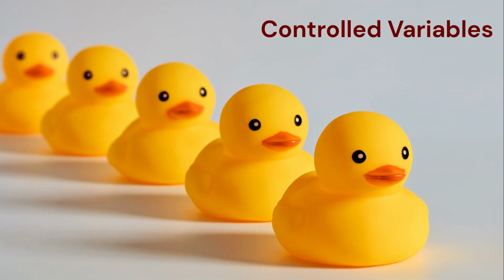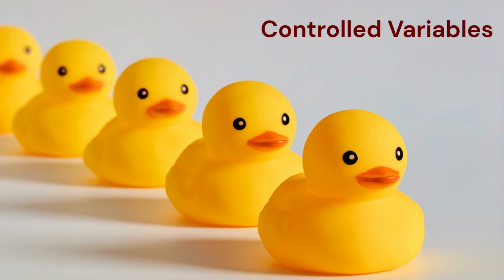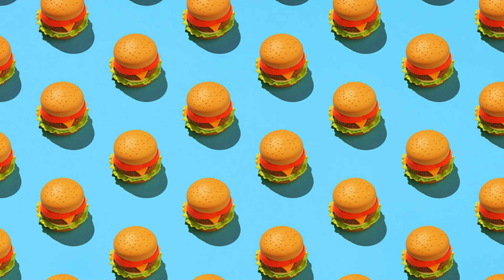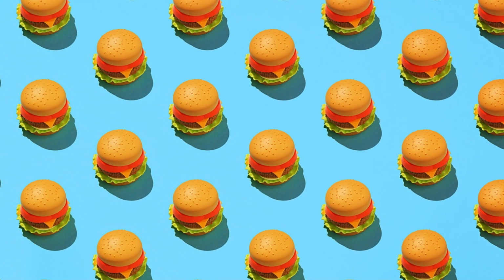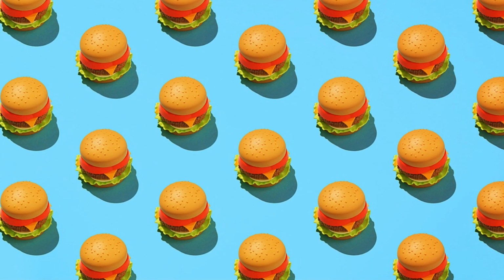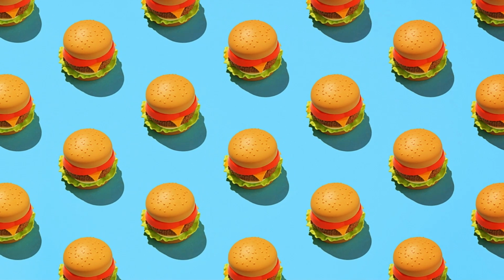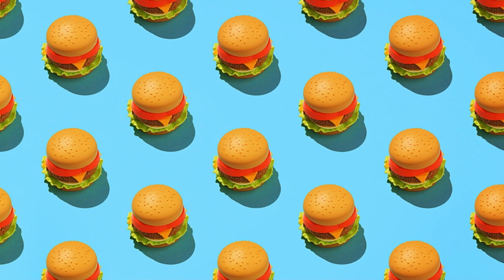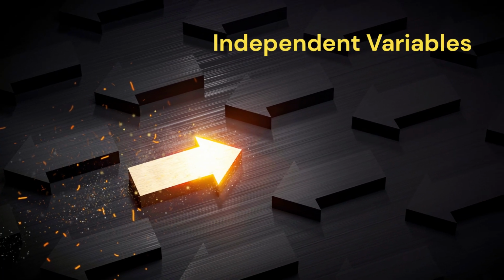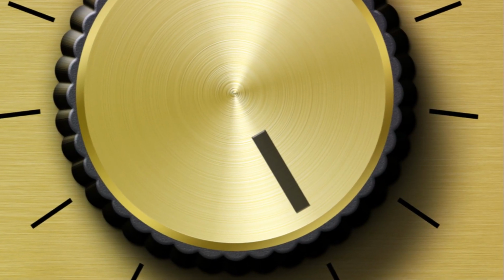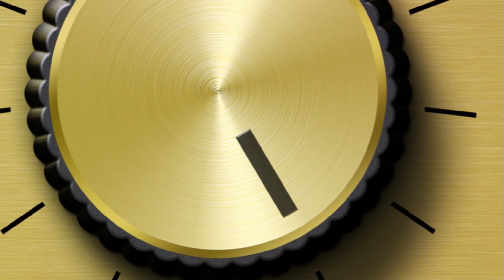First, we have controlled variables. These are the constants, the elements that researchers keep steadily the same to ensure that any changes observed are due to the manipulation of the independent variable. Then, there are independent variables, the factors that researchers deliberately change or manipulate to observe their effects.